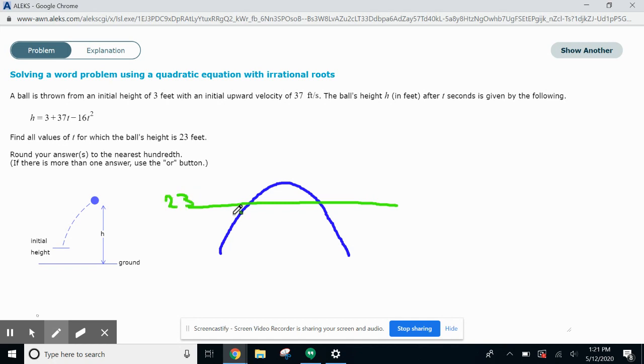Well, depends on the ball and how high you throw it up and all that stuff. It might reach 23 feet right here at this time, or as it comes back down, it's going to reach 23 again at this time. Maybe this is 5 seconds and maybe over here, this is at 8 seconds.